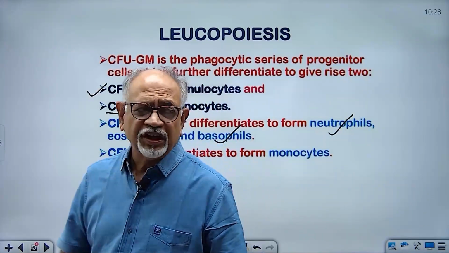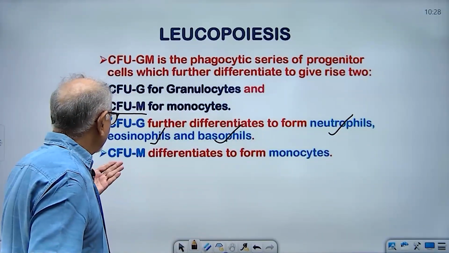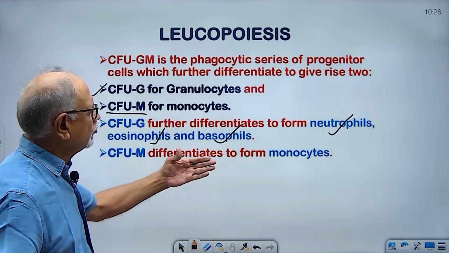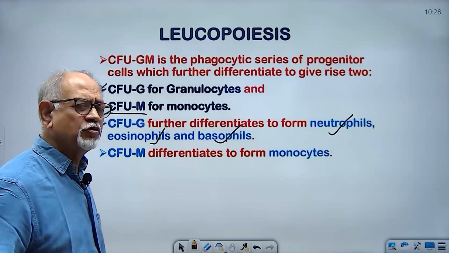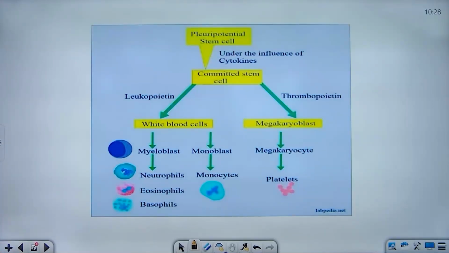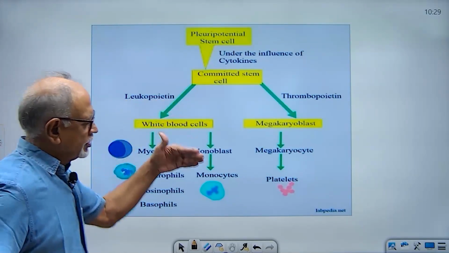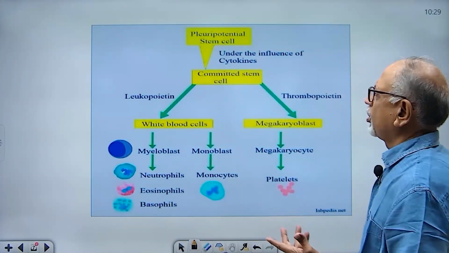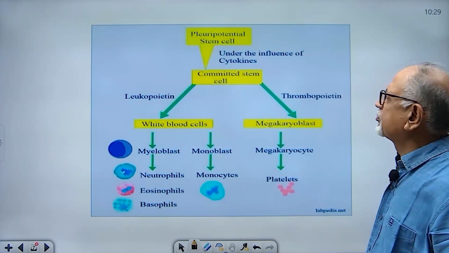The third series is of CFUM, that is the monocytic series, which differentiates into monocytes. Now here you can see a diagrammatic presentation, a flow chart of the formation of the leukocytes.